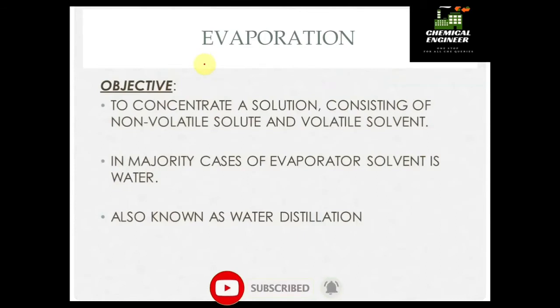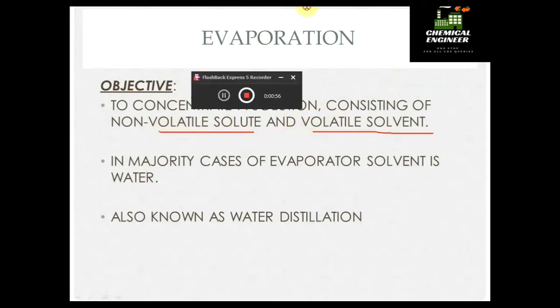So evaporation. What is the objective of doing this evaporation? The main objective of evaporation is to concentrate a solution consisting of a non-volatile solute and a volatile solvent. What we actually have to do is concentrate.